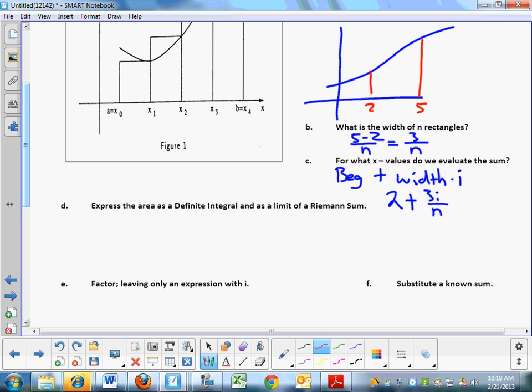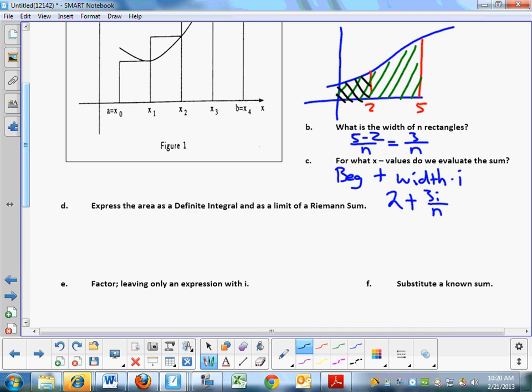Instead of actually adjusting it to the 2 plus 3i over n, what you could do is find all of the area in the green from 0 to 5, and then subtract off the area from 0 to 2.